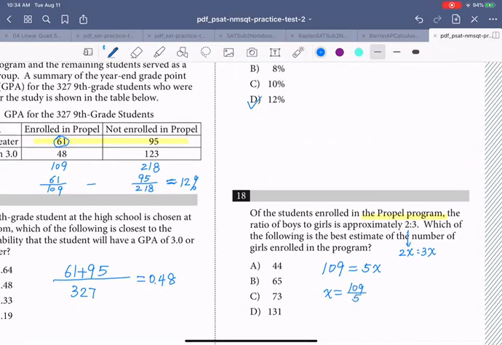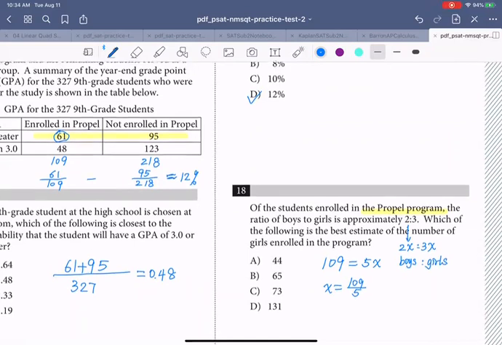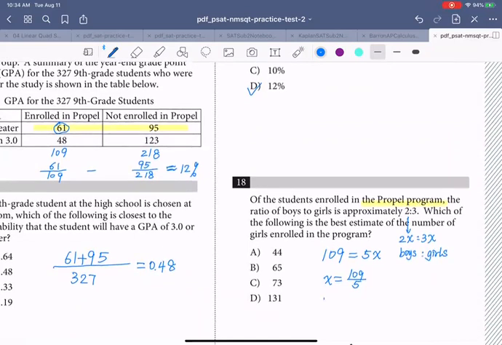This is boys, this is girls. Then girls is going to be 109 times 3/5, right? That's what this question is asking you for.